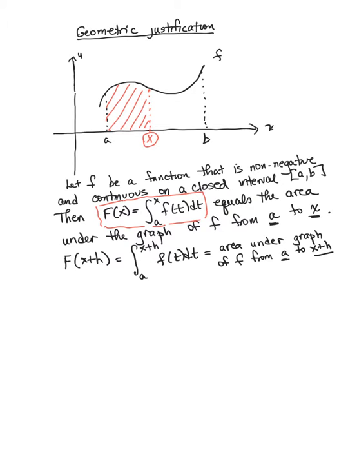The yellow: x plus h is a little bit to the right of x, so capital F of x plus h would be the area under the graph of little f from a to x plus h. So it's this area.